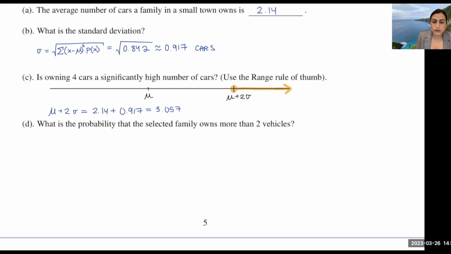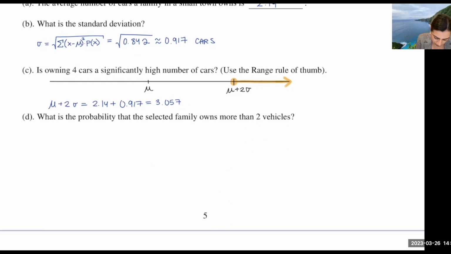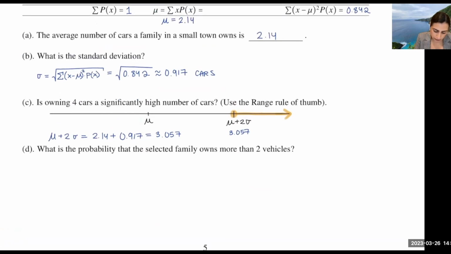A value that is 2 standard deviations above the mean would be 3.057. So this value here is 3.057. Well, the value of 4 would definitely be more than 3.057.